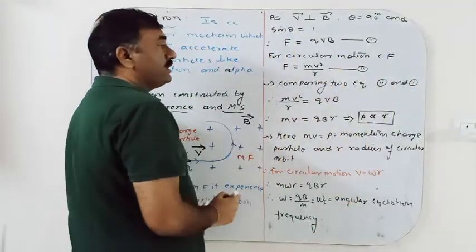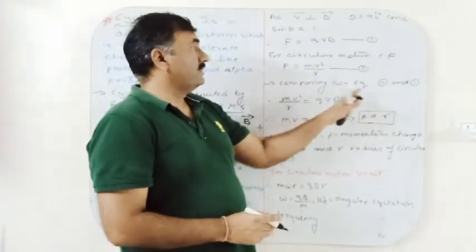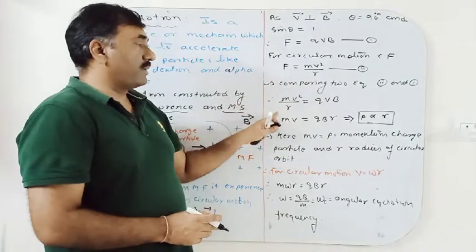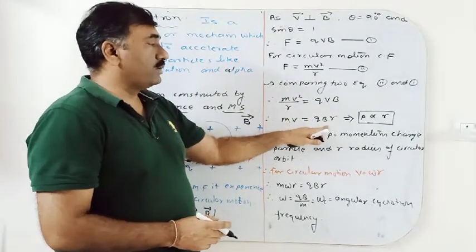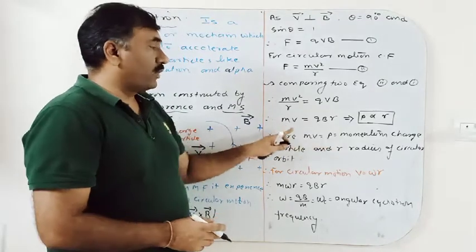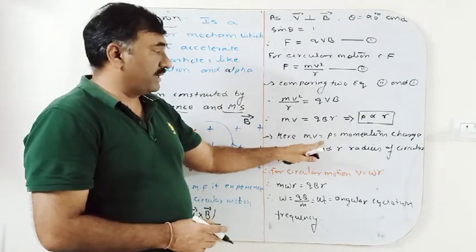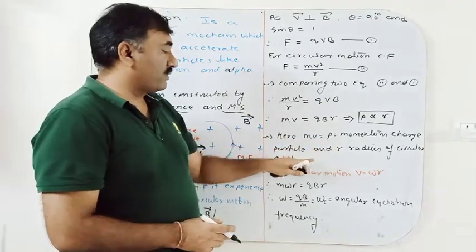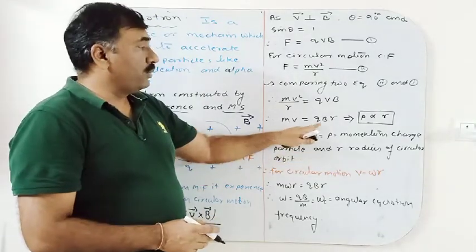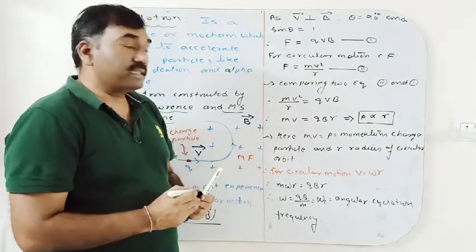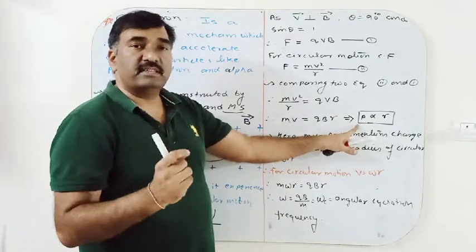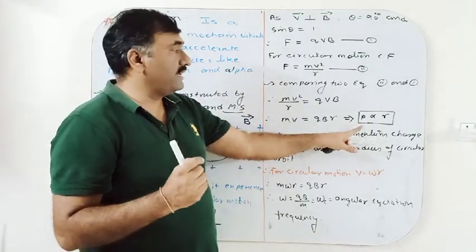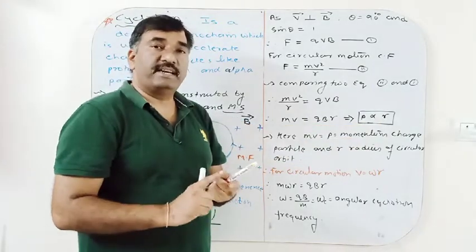Now comparing the two equations, number 2 and 1, in the second equation mv square by r is equal to qvB, so we cancel v, so mv is equal to qBr. But mv is what? The momentum of the charged particle, where r is the radius of the circular orbit, and q and B remain constant. So you can say that the momentum of a charged particle entering a uniform magnetic field is directly proportional to the radius r.